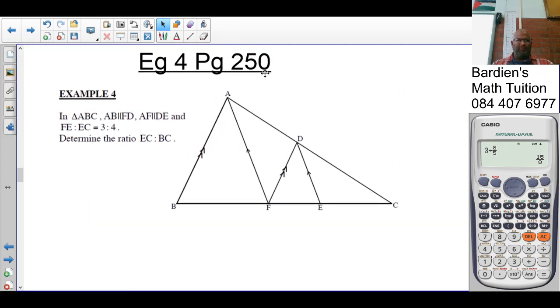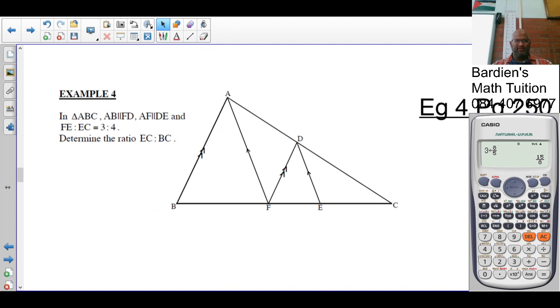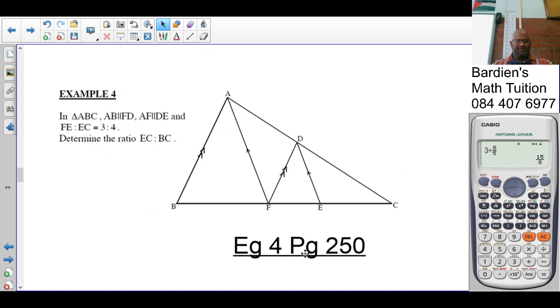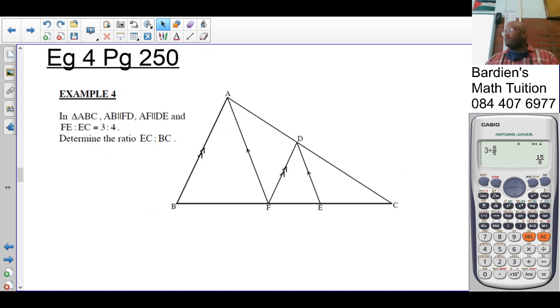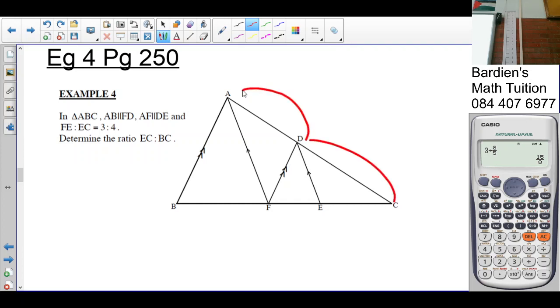In example 4 we are told that in triangle ABC, again that's the big triangle, AB is parallel to FD. If that is the case, what do we know? That AD over DC is equal to BF over FC.